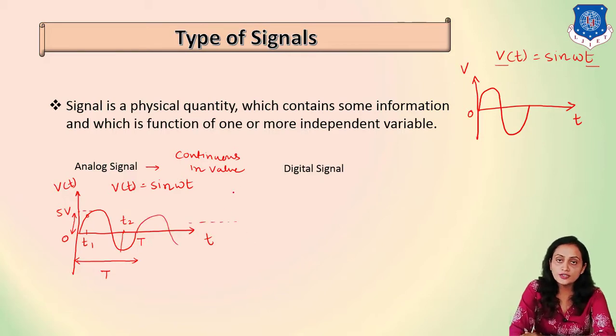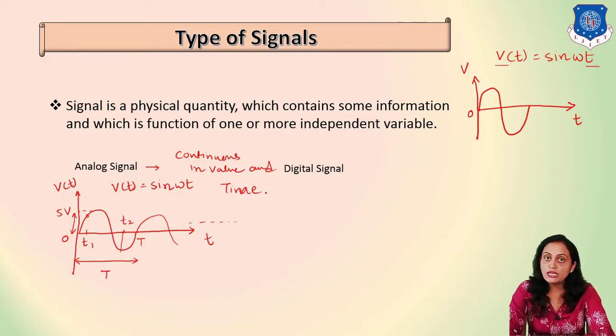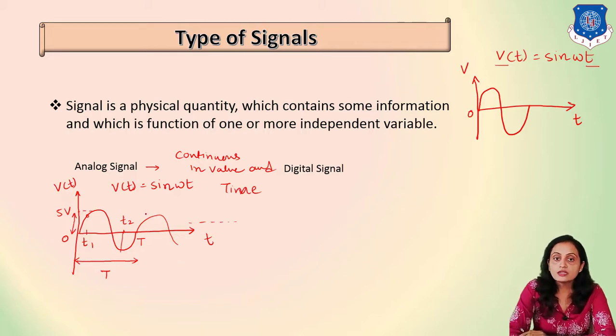So this is continuous in time. The signal which is continuous in value and continuous in time is called the analog signal. So an analog signal provides a waveform which is continuous in time domain as well as continuous in value. This is for the sinusoidal example.